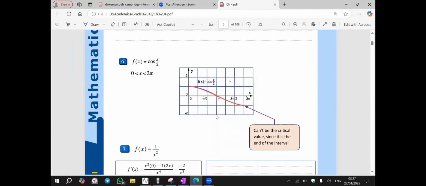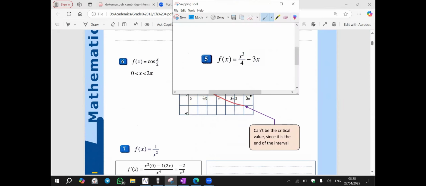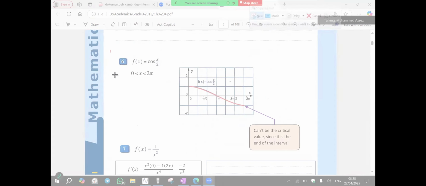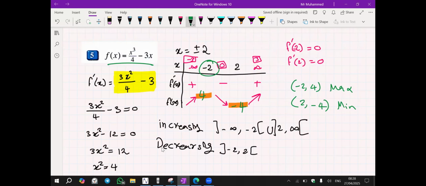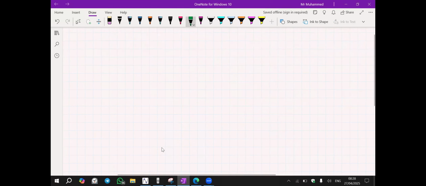This is a trigonometric equation. Then let's find the local extremums. f(x) equal to cosine of x over 2, from 0 until 2 pi.